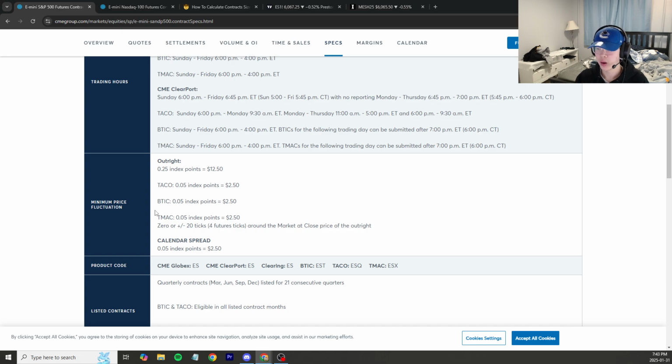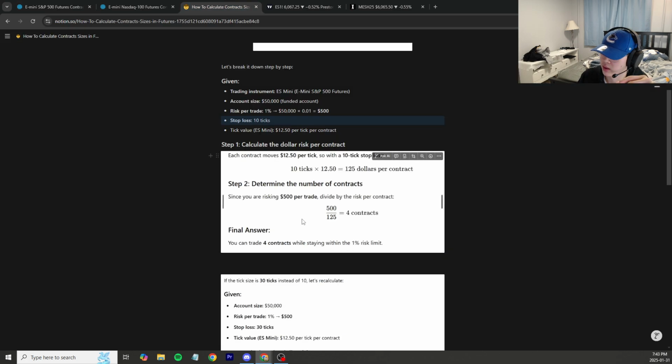Now every tick move is by 0.25, like I said, and every time it moves, it's $12.50. So this is the tick value. All right. So once you have the tick value, you write it down: $12.50 per tick per contract.